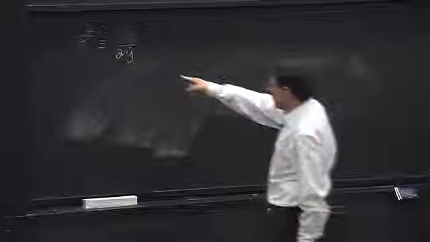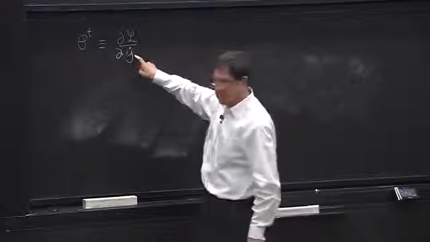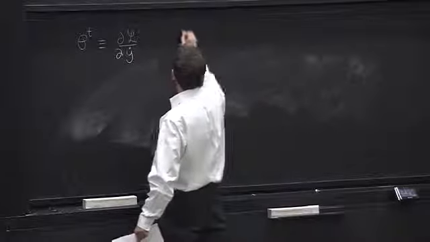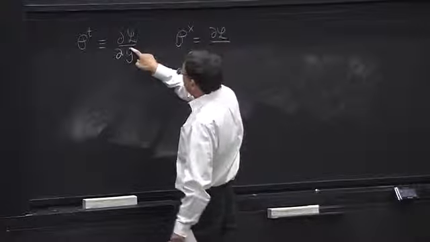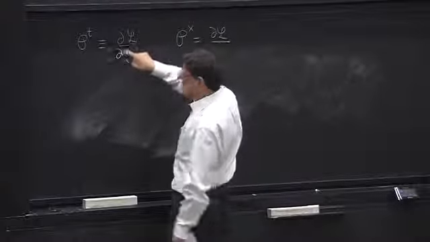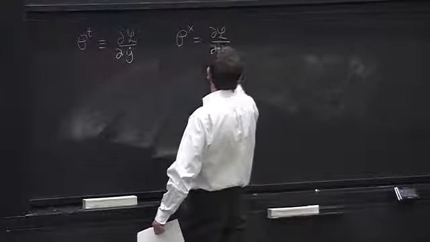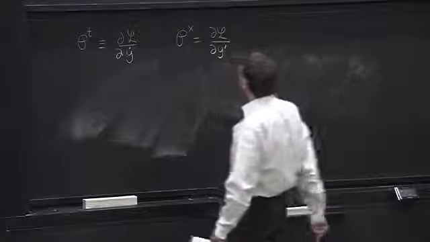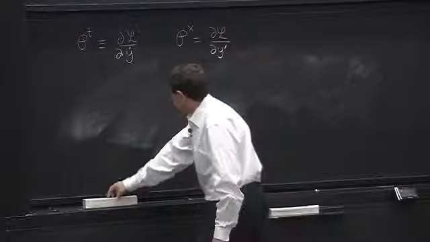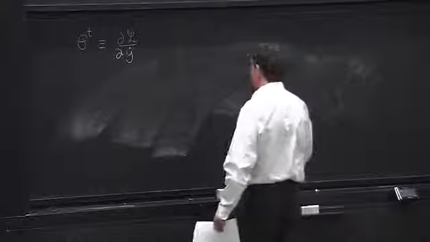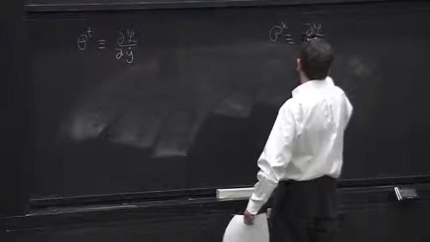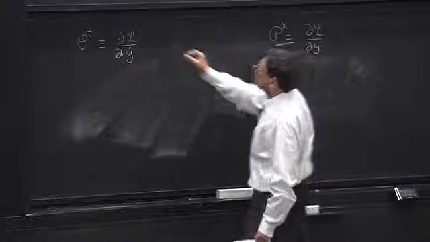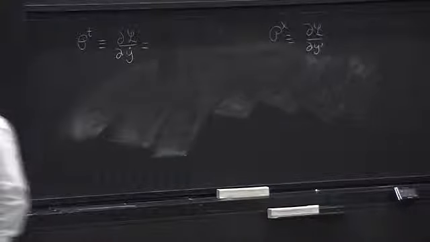So this is some sort of momentum density. And P^x, because there's tau, the time, and there's the x derivative, y prime, will be defined as dL/dy prime.